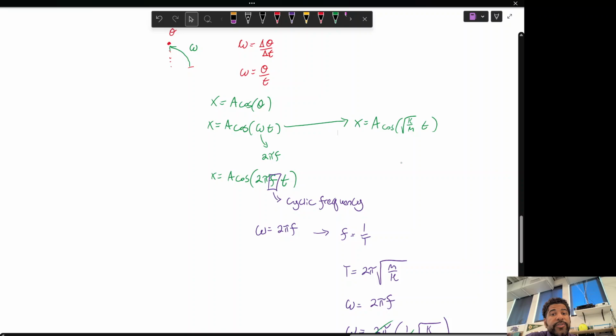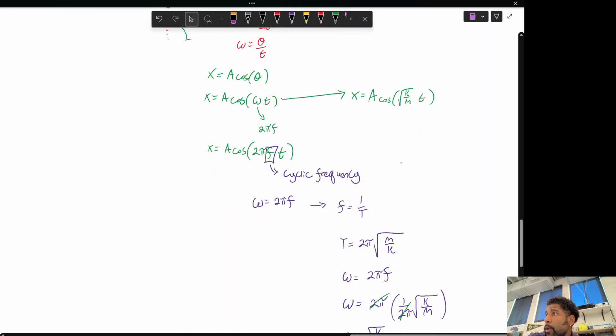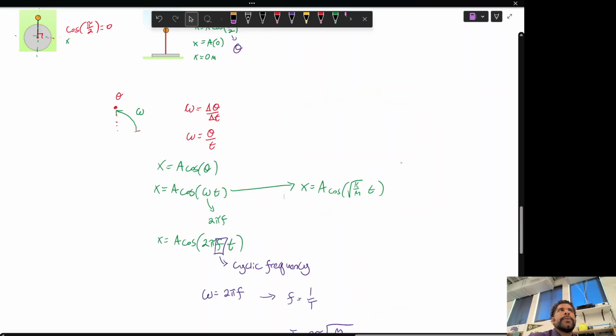What if we're talking about a pendulum? The same thing applies. With a pendulum, we're not really worried about x, because a pendulum moves in angles. It already has angular position given to it, right? So we're not thinking about this in terms of x.